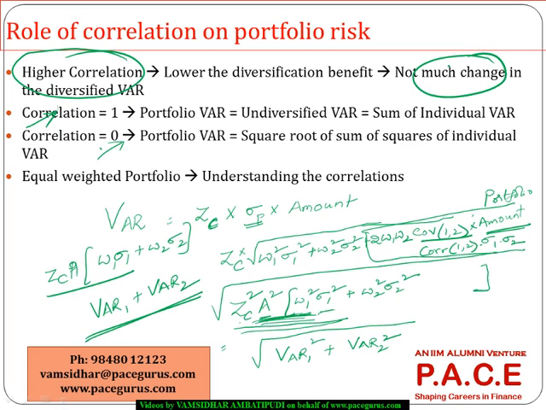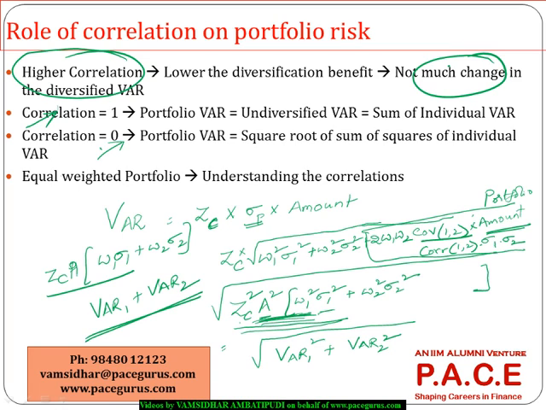When the correlation is very high, close to 1, we say that there is no diversification benefit, because a good portfolio should typically have correlation much lesser, probably closer to 0, or in some cases negative also, which would bring down the portfolio variance, which means the portfolio value at risk will also come down.